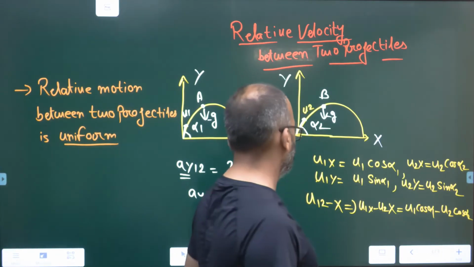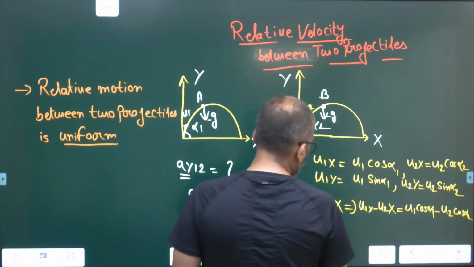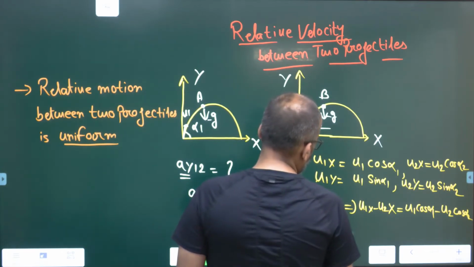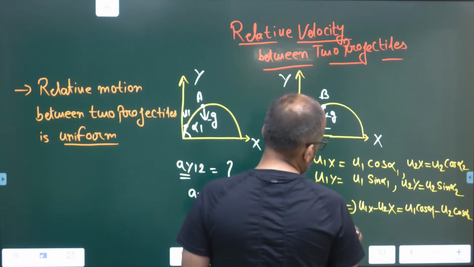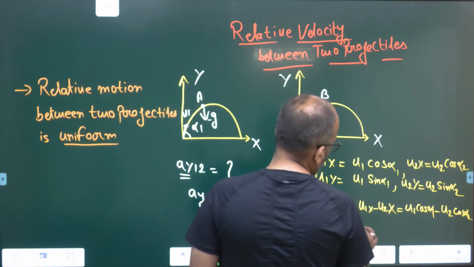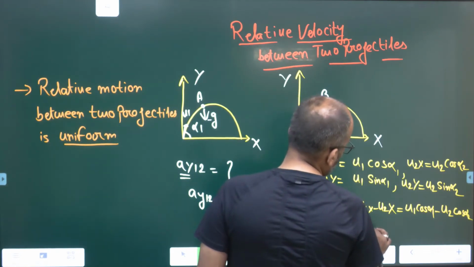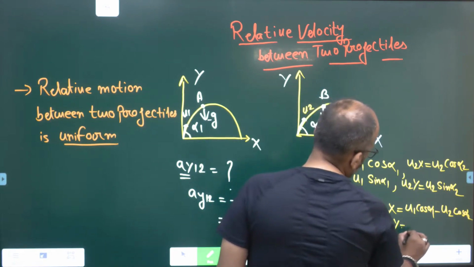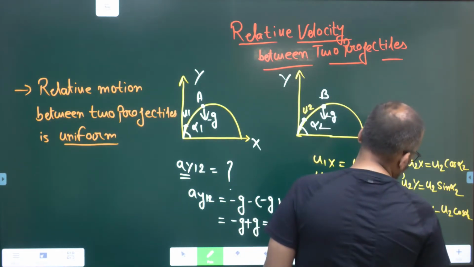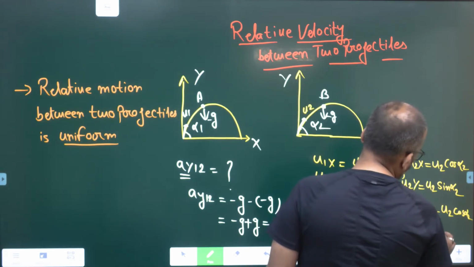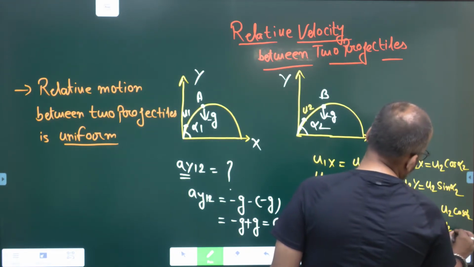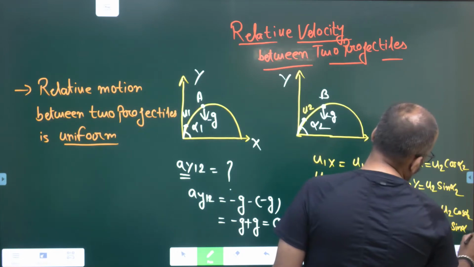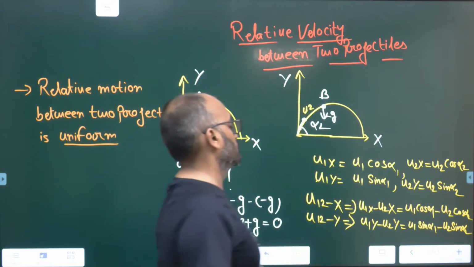Yes, sir. If I talk about the relative velocity of 1 with respect to 2, y component, it will come out to be u1y minus u2y, that is u1 sin alpha 1 minus u2 sin alpha 2.